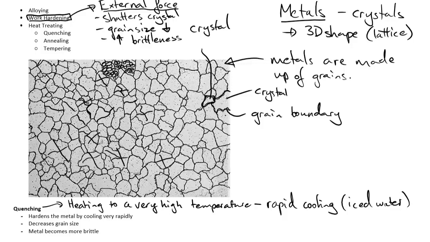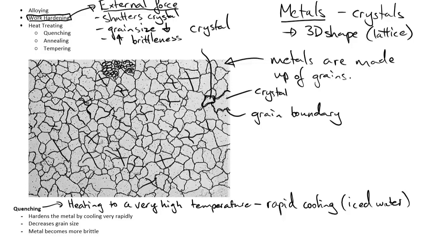Now, if you look back at this picture here, as you decrease the amount of grain size, you're increasing the number of grain boundaries. And what this does is it means that the metal will become a lot more brittle, because each of these boundaries creates a resistance against other boundaries.